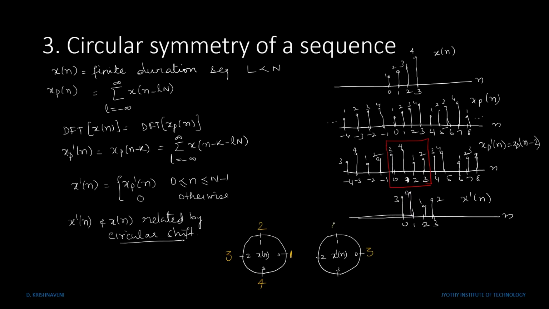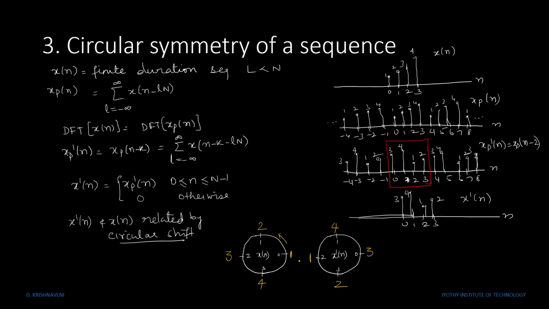Now when I look at x of n and x dash of n, we come to know that in anti-clockwise direction, when the sequence x of n is shifted by 2 units, that means you are turning the knob in anti-clockwise direction. Let us say by 2 units you are shifting.